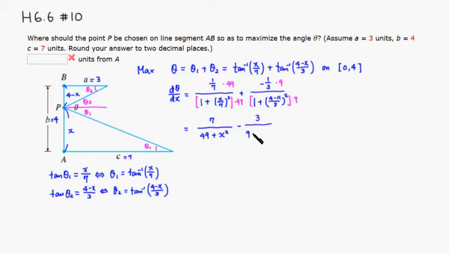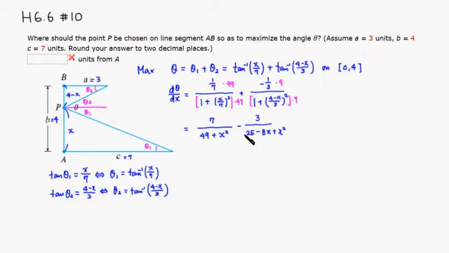So I'm going to go ahead and multiply out. 4 squared would be 16. Actually, I'm going to just combine 9 and 16, which is 25. So I'm going to have 25 minus 2 times 4, which is 8x, plus x squared.